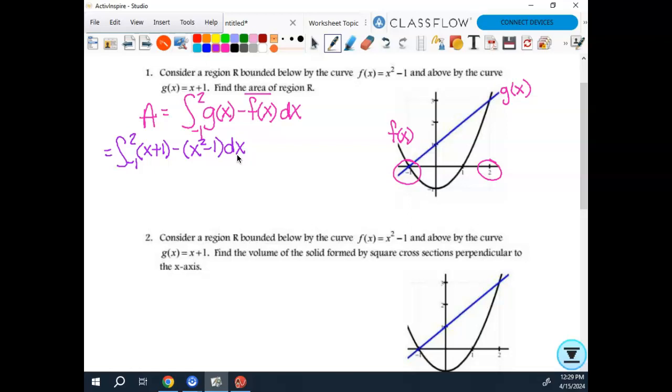So can I simplify that a little bit? Integral from negative 1 to 2. So that would give me a negative x squared plus x, then what? Plus 2 dx. Right?